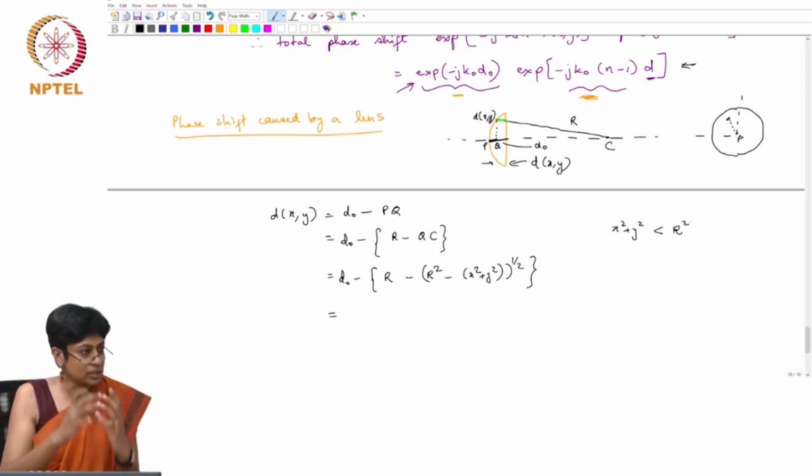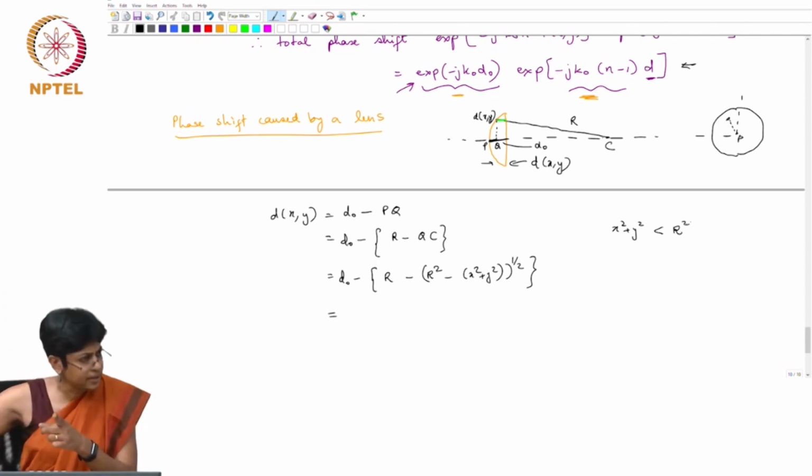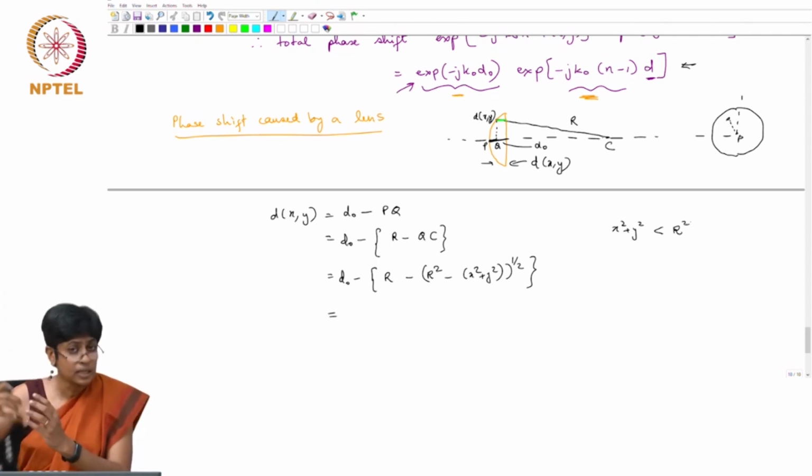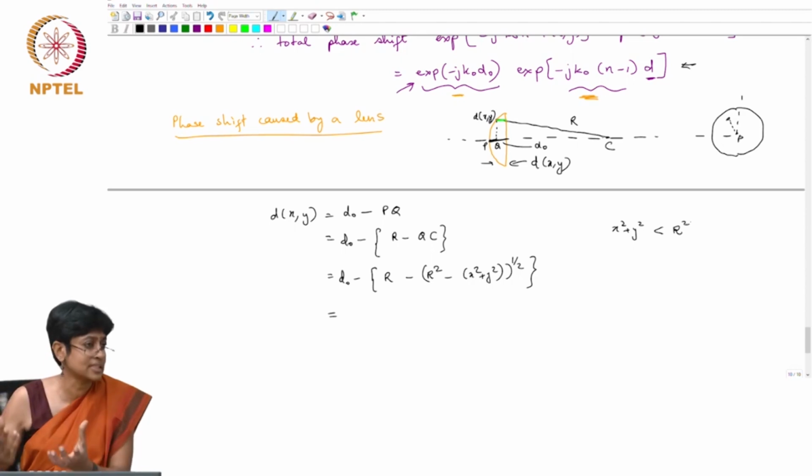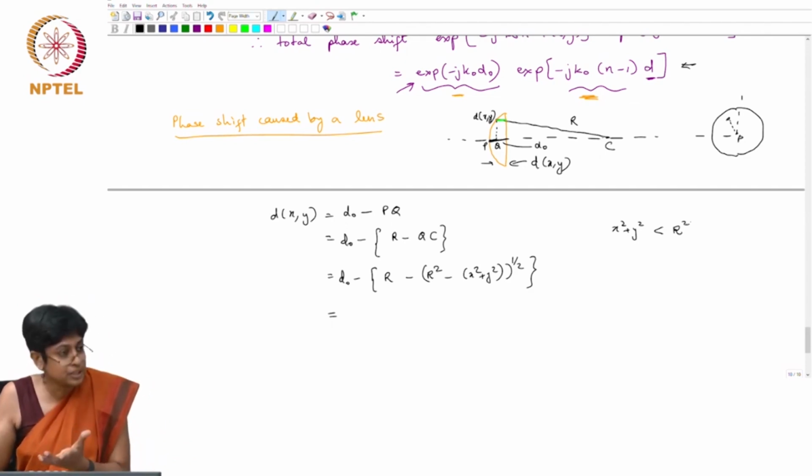Why? Because if you think about it, the curvature of your lens can have a fairly large radius of curvature compared to the lateral size of your lens. And that's basically what this is saying, that your lens is not as large as the radius of curvature. So this is not at all a strange assumption to make.